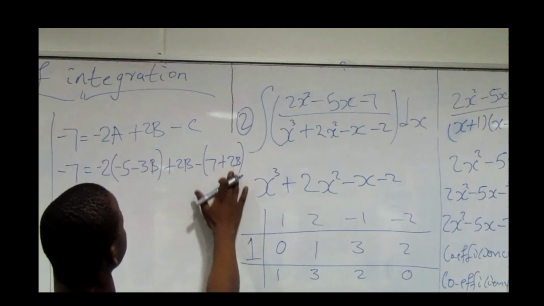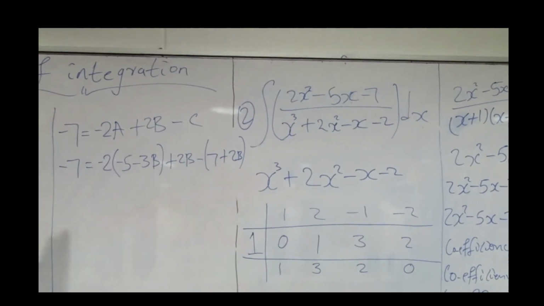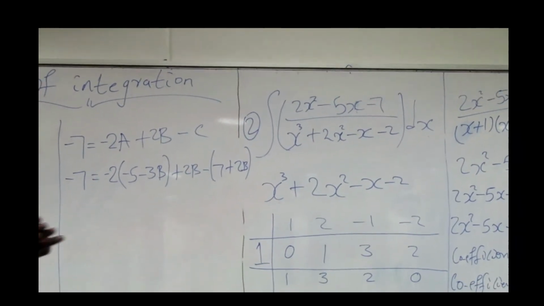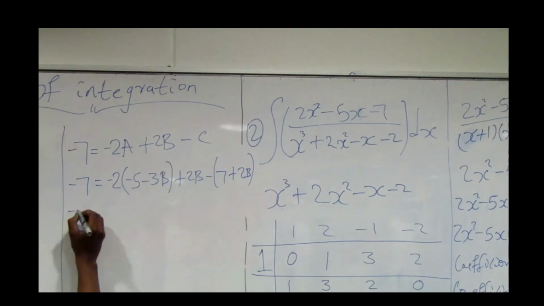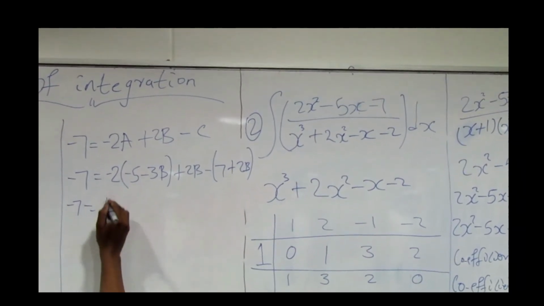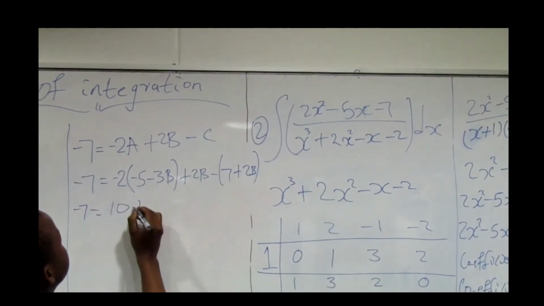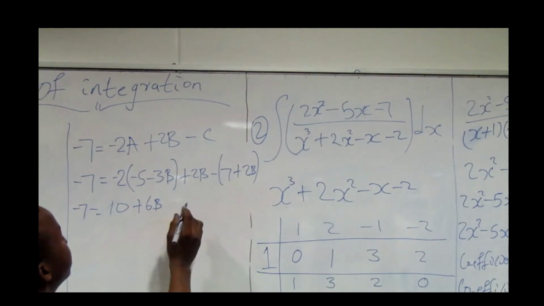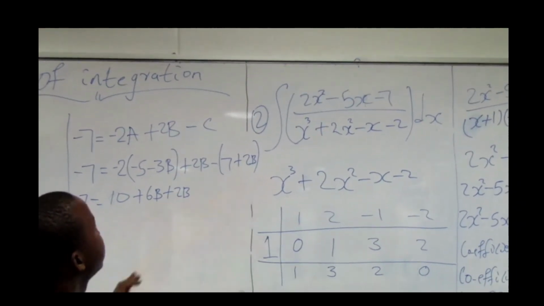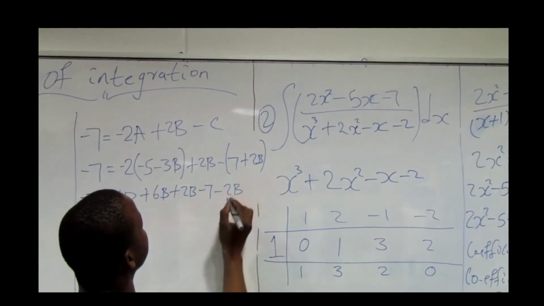And from there, since now we have only b, we don't have a and c, we can simplify and get the value of b. -7 is equal to 10 minus 2 times, then negative 6b plus 2b is -7 minus 2b.